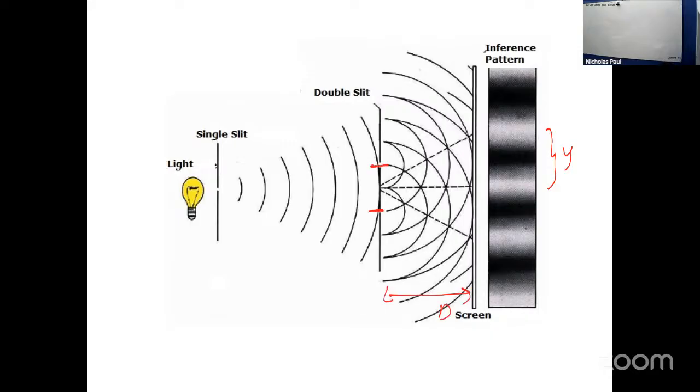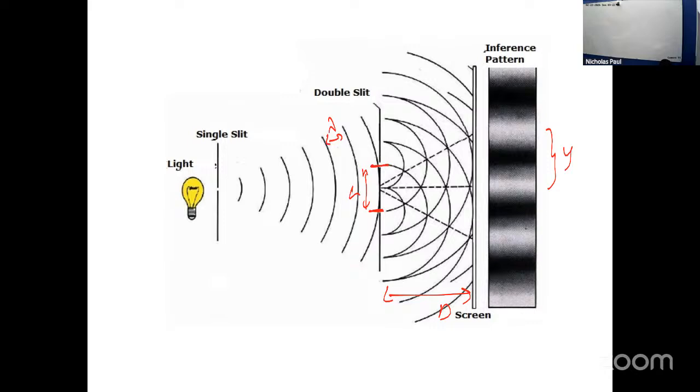The slit separation, and one more thing. Lambda. The wavelength coming in. Those are the three things that affect this pattern here.